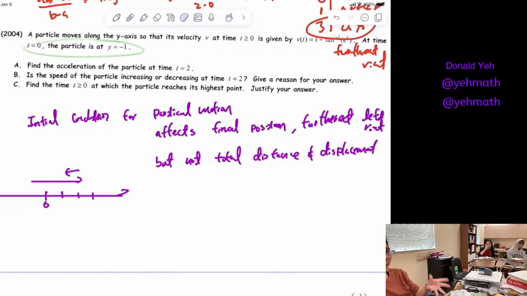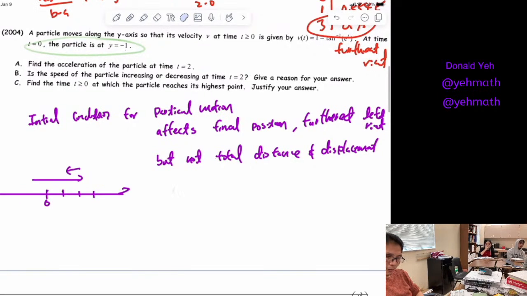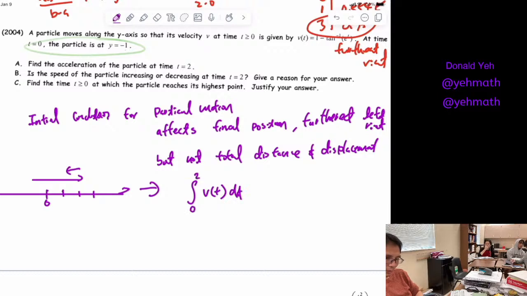So hopefully that makes sense for some of you guys. But when you calculate total distance, your initial condition doesn't matter. So for example, let's say it takes 2 seconds to do this motion, right? In this particular case, if I want to find, if my velocity is like that, it's going to be the integral of velocity dt from 0 to 2, but it's going to be -1 plus that. Why?